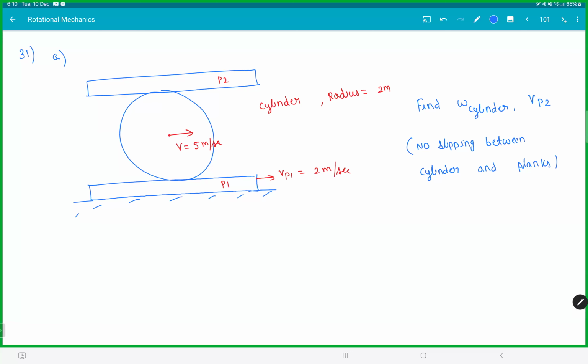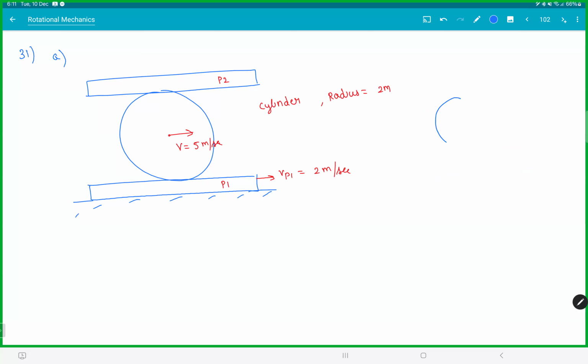Okay, what about the velocity of the plank? Let's see. This was straightforward.